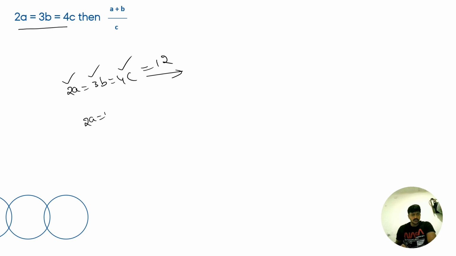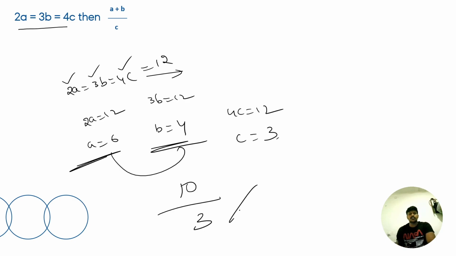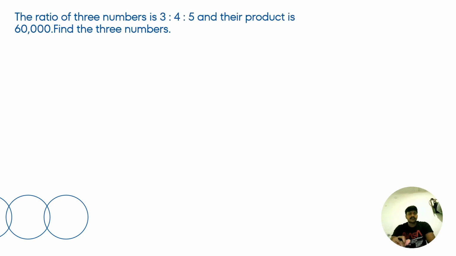So 2a equal to 12, then a equal to 6, 3b equal to 12, then b equal to 4, 4c equal to 12, then c equal to 3. That's it. Then a plus b is 10 and c is 3. Answer is 10 by 3. That is as simple as that. If it is p by q, equal to some constant. If it is p into q, equal to the LCM. I hope that's clear. Let's move on.